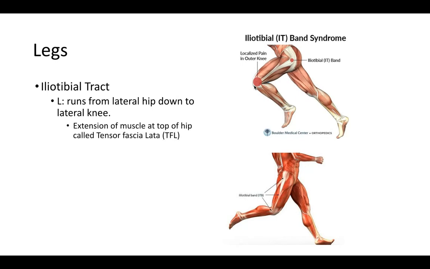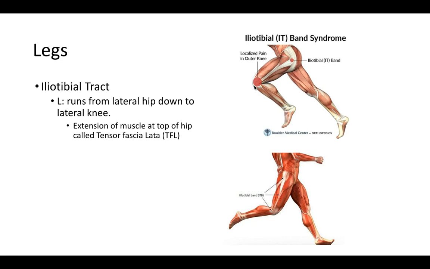And really at the very top of it, there is a muscle called your tensor fascia lata, or your TFL. It is a muscle that is involved in hip extension, kind of allowing for your hip to move a little bit.